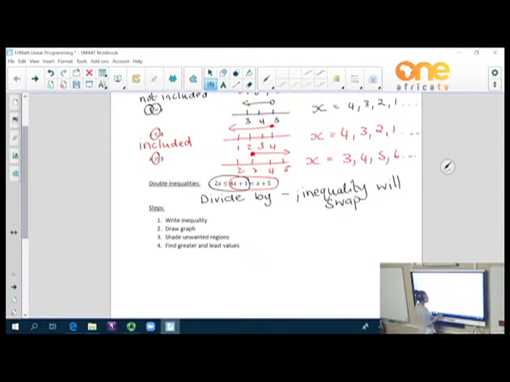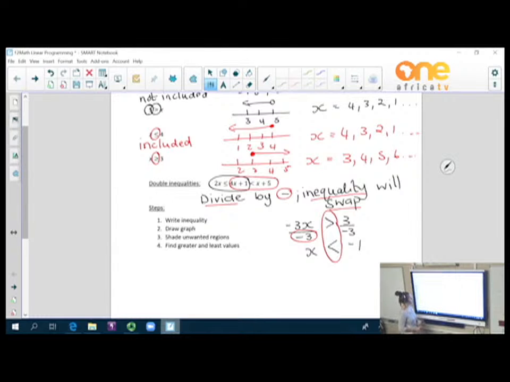So if, for example, you have negative 3x is larger than 3, you will divide by negative 3 on both sides, which means it will become x is less than negative 1. So if you divide by a negative, your inequality will swap.